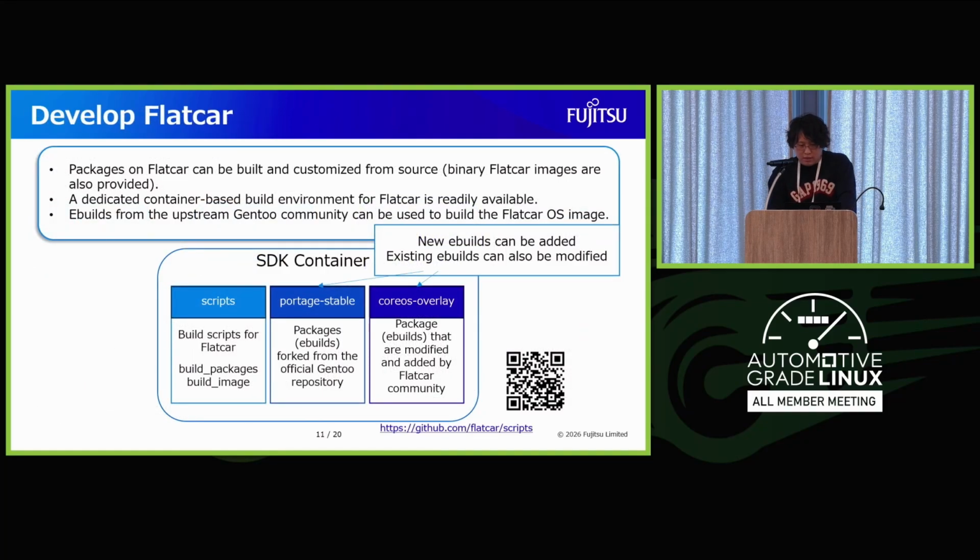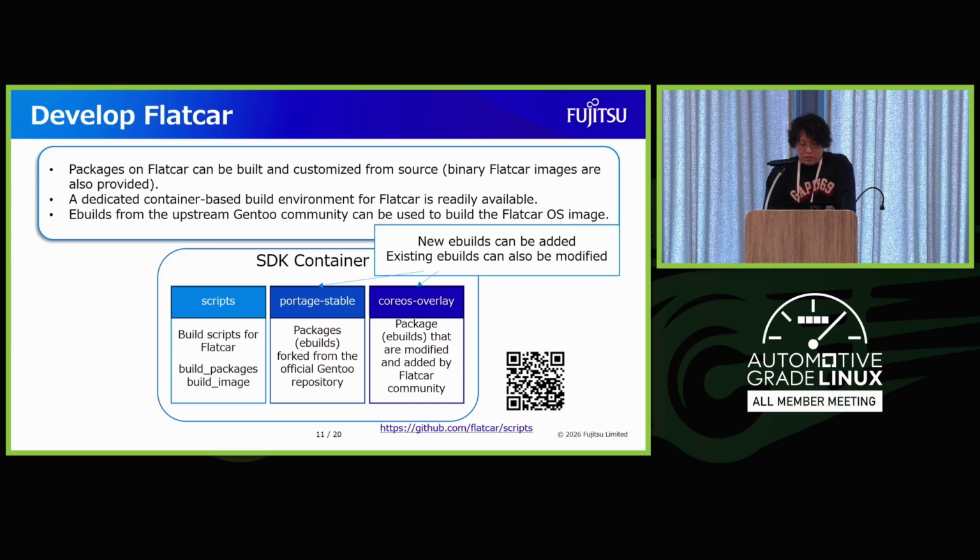And here I will explain the Flatcar development environment. Flatcar packages can be built from source, and the OS image can be customized. Flatcar provides a dedicated container-based build environment. This environment includes scripts for building packages and OS images.